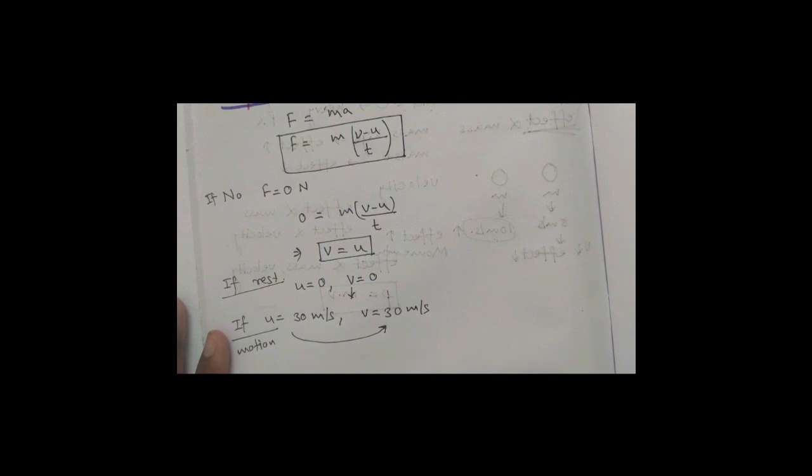So if the object is in motion, it will continue its motion without any change. This is what our first law of motion was also saying: if no external unbalanced force is applied, then an object at rest will remain at rest, and an object in motion will remain in motion.